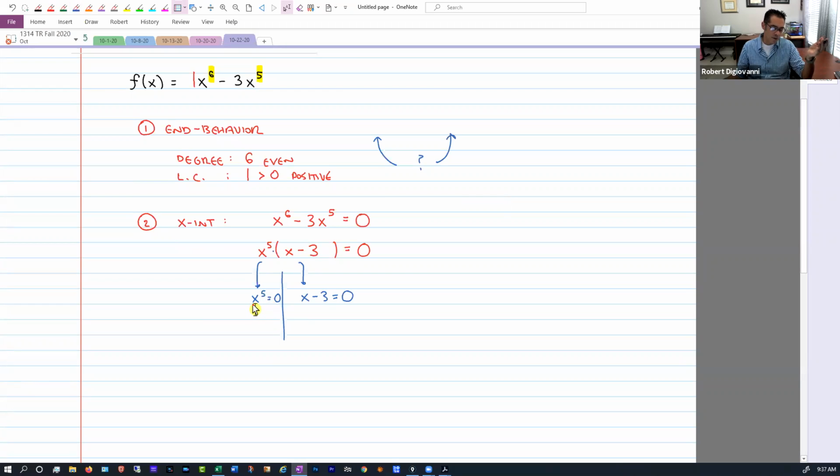What number do you have to raise to the fifth power to get 0? The only number that would work would be 0 itself. So that solution I'm getting just by thinking through it. The other one, I just do some algebra. I just add 3 to both sides, and I get a solution of 3. Okay, so these are the x-intercepts that we have for this graph.